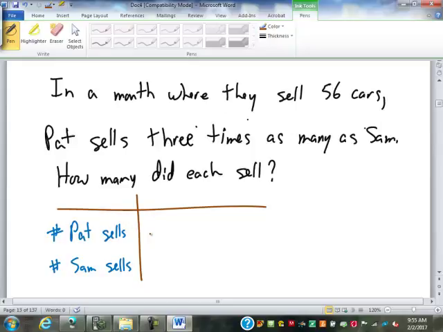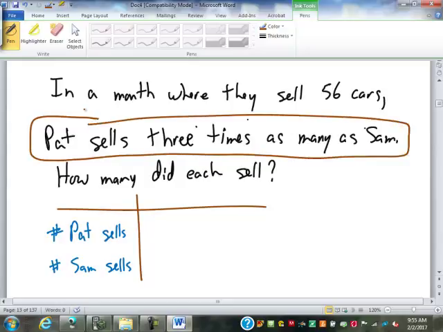So I have to figure out how to express both of them in terms of the same variable. So I look through the problem, is one of those amounts expressed in terms of the other? Pat sells 3 times as many as Sam. So yes, one is referenced off the other, or expressed in terms of the other.